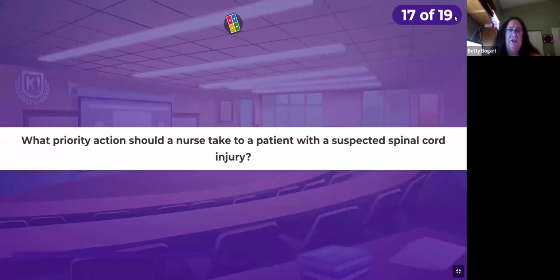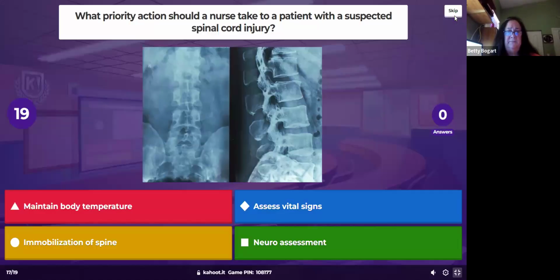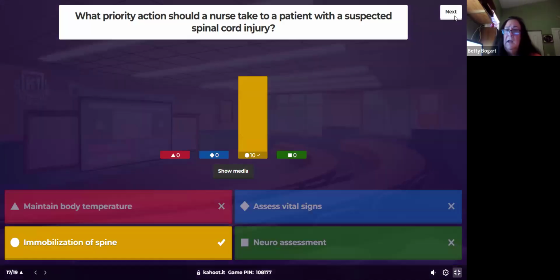What priority action should a nurse take with a patient with suspected spinal cord injury? And again, anytime you suspect that the spinal cord's been injured, it's all about immobilizing it.